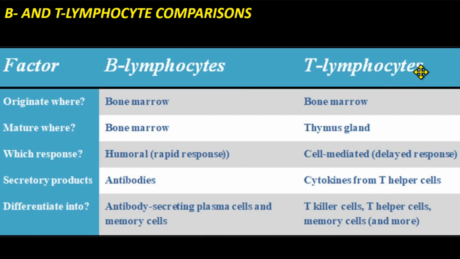The T lymphocytes enact the cell-mediated response, which is a slower, delayed response. B lymphocytes secrete antibodies. T lymphocytes secrete cytokines from T helper cells. B lymphocytes differentiate into antibody-secreting plasma cells and memory cells that would retain the data from the pathogens. T lymphocytes would differentiate into T killer cells, T helper cells, and memory cells as well.